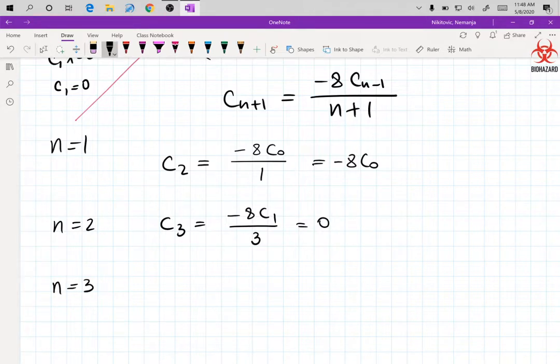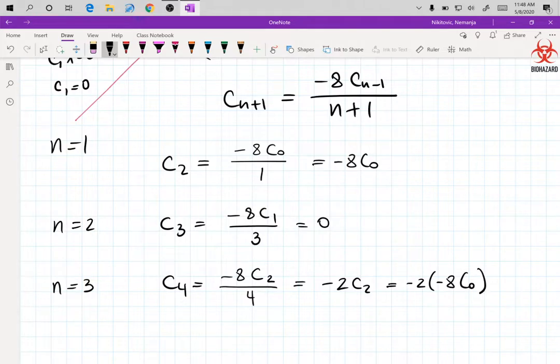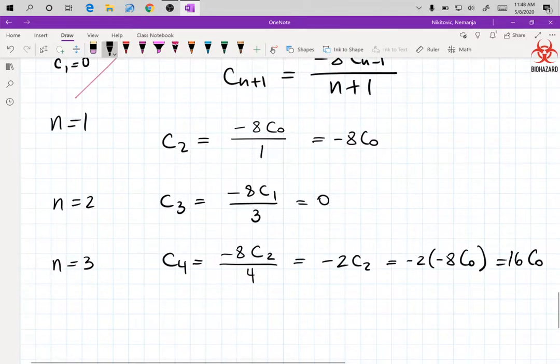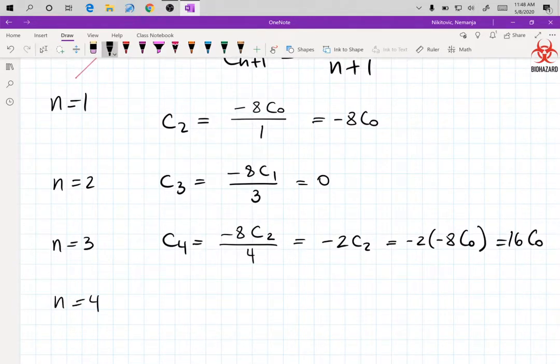And then for n equals to 3, you get a c4. c4 is negative 8 c2 divided by 3 plus 1 is 4, and that's going to be negative 2 c2, which is equal to negative 2 times negative 8 c0, which is 16 c0. n equals to 4 gives us c5. c5 is negative 8 c3 divided by 5, and that is equal to 0 because c3 is 0.